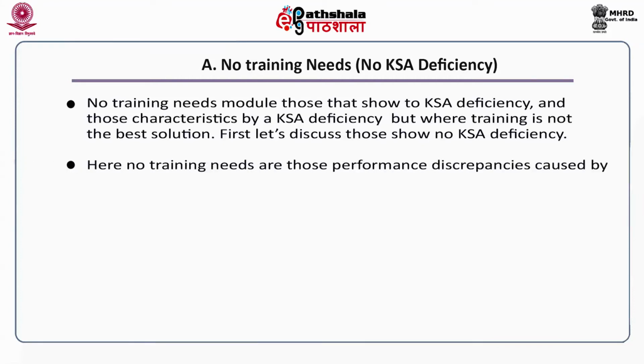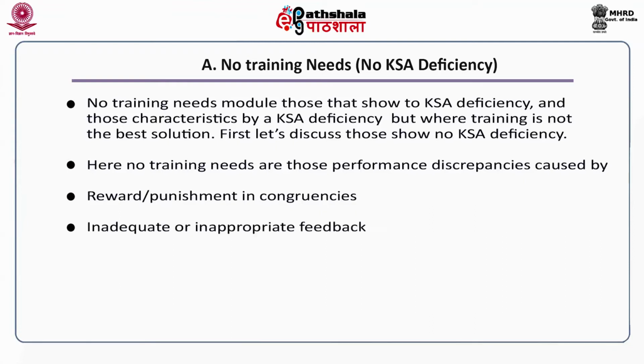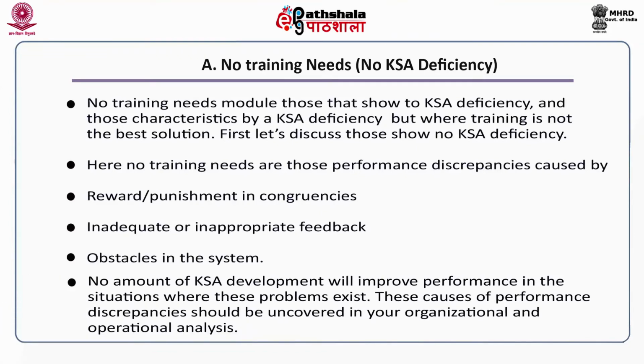Here, no training is required as there are no performance discrepancies, reward or punishment incongruencies, inadequate or inappropriate feedback or obstacles in the system. No amount of knowledge, skill and aptitude development will improve performance in situations where these problems exist. These causes of performance discrepancies should be uncovered in your organizational and operational analysis.